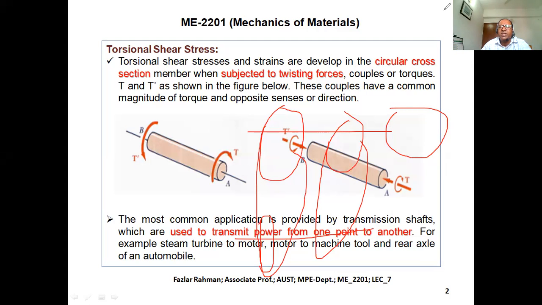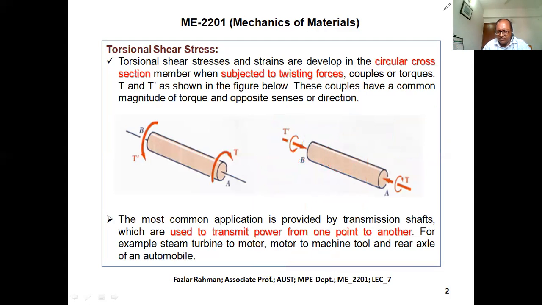Now, if you apply a torque, meaning two opposite torques, right? Say this is a rod, the left end is fixed, and I'm trying to twist, then what will happen? If it's very weak and you apply very high load, it will become just two parts.